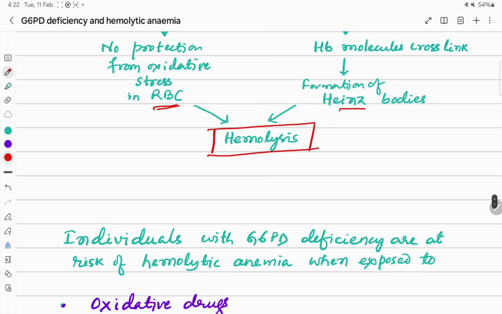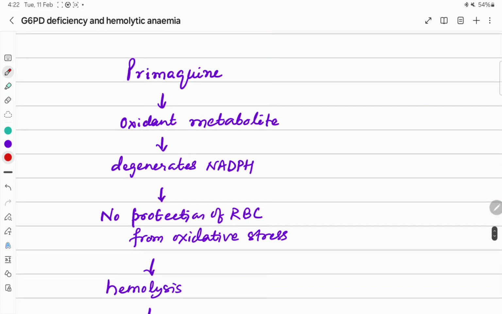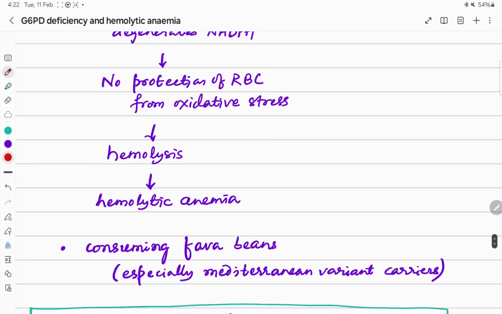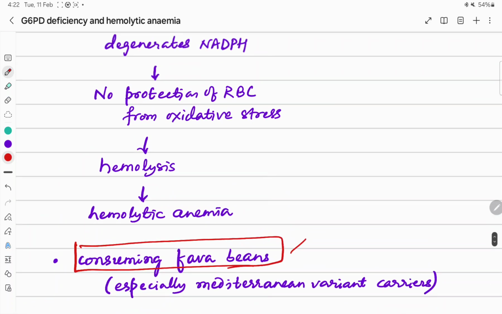So individuals with G6PD deficiency are at risk of hemolytic anemia when exposed to oxidative drugs and when exposed to fava beans, especially the Mediterranean variant carriers for fava beans.